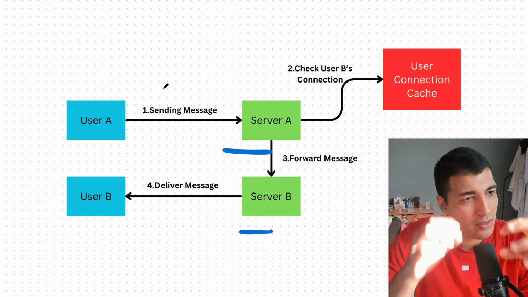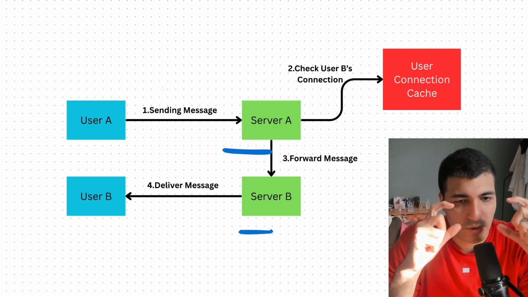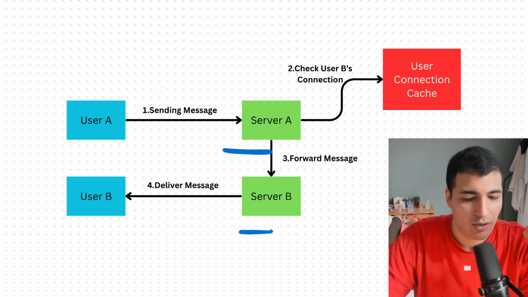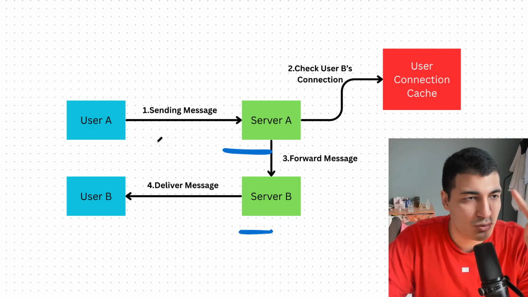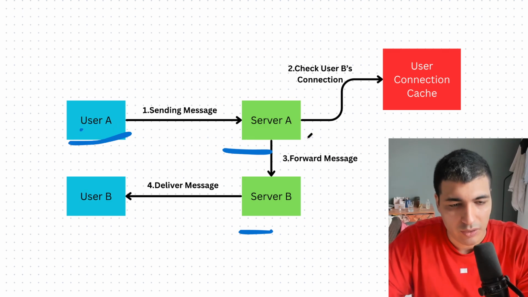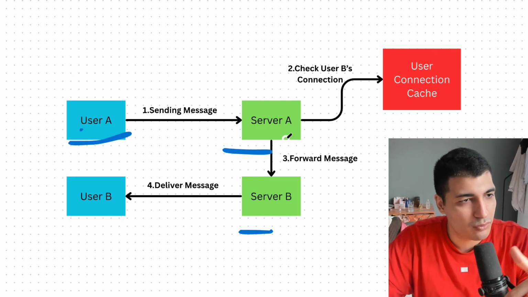The journey of sending a message goes in two sections. First, sending the message. After that, delivering the message. Sending the message happens in two steps. First, user A will send the message to server A through the WebSocket connection.